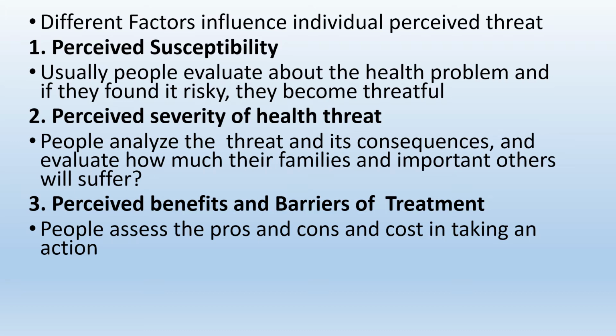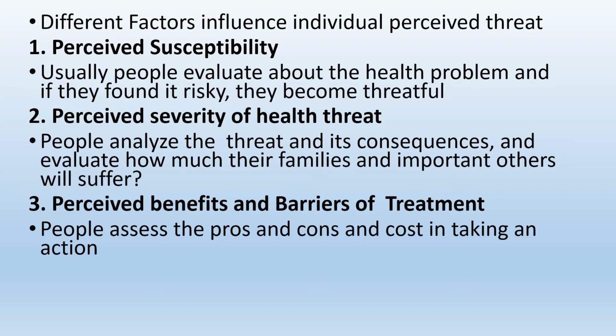And number two is perceived severity of health threat. People analyze the threat and its consequences and evaluate how much their families and important others will suffer. They overall analyze the severity, and they see how much their surroundings are going to be affected if I am not going to make any change, and I am not going to consider the threats and consequences of my health conditions. And number three is perceived benefits and barriers of treatment.